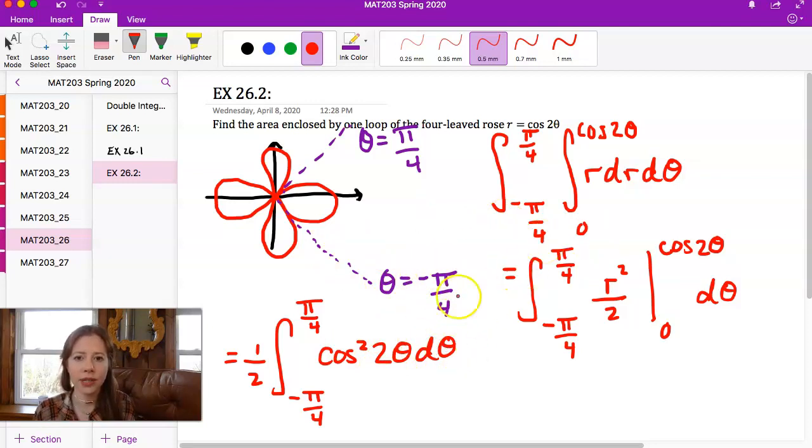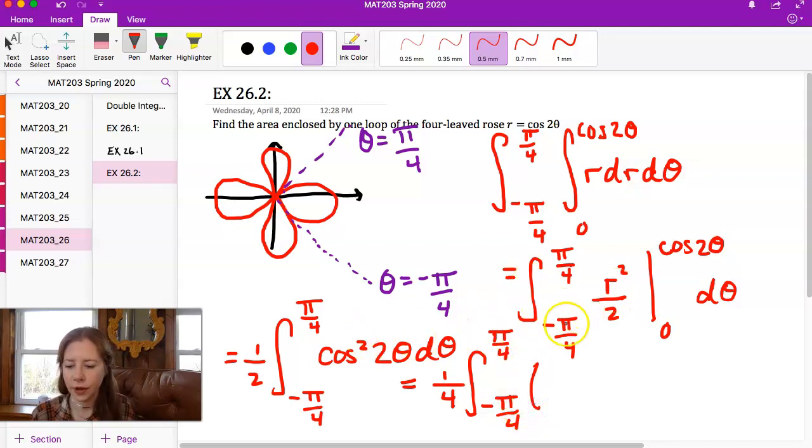And so we can use that identity again that we used last time. And so we have 1 over 4 times the integral from minus pi over 4 to pi over 4 of 1 plus cosine 4 theta d theta.